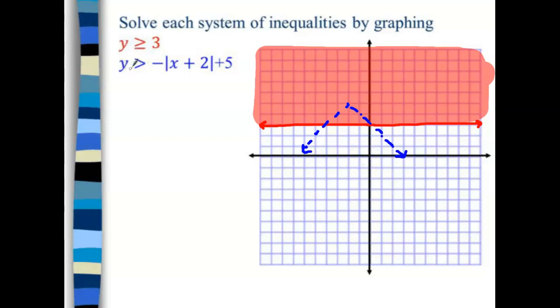And the y values are greater than, so here's my vertex, so that means the y values are above the absolute value. So that would be everything above it.